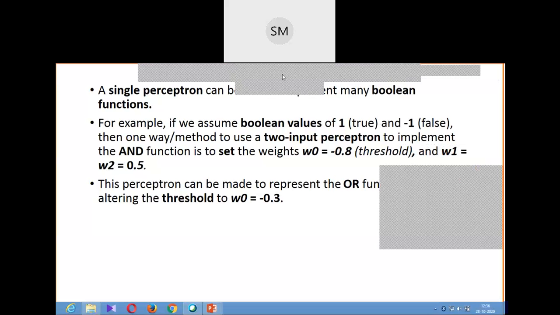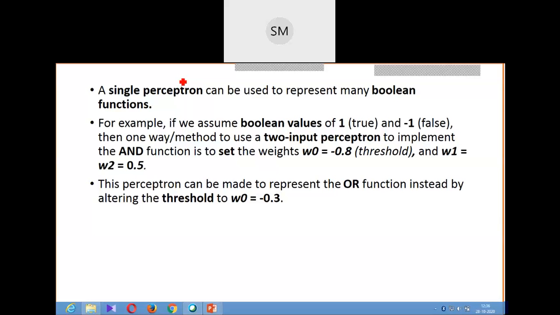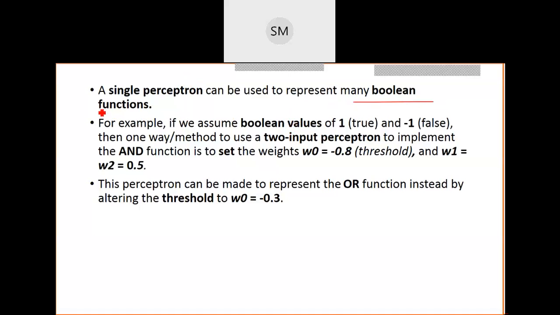This perceptron can be used to represent many Boolean functions. What type of functions are Boolean functions? You already know these logical functions like AND, OR, NAND, NOR, XOR. These are Boolean functions, and we can represent them with the help of perceptrons.